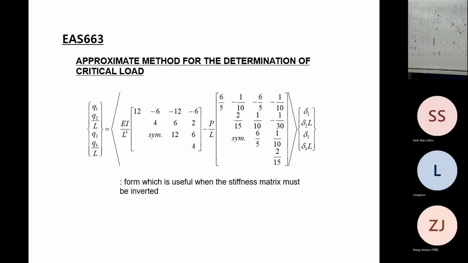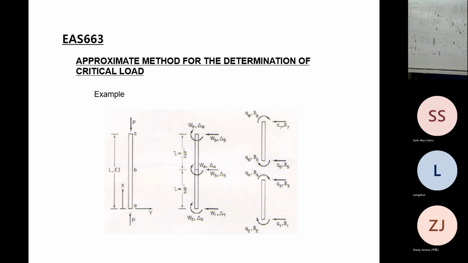So for this problem, for example, the L that we see there is the whole L, the structure L. The L that we see in the stiffness matrix is the element L. So this is the whole structure L divided into two elements. So the L in that equation is L over 2 for element 2, and L over 2 also for element 1. Use that length.